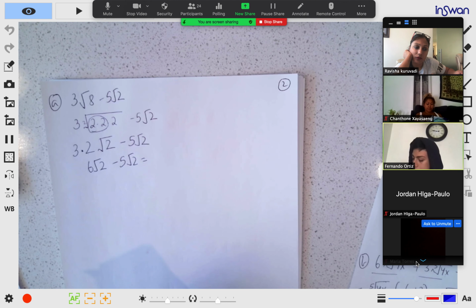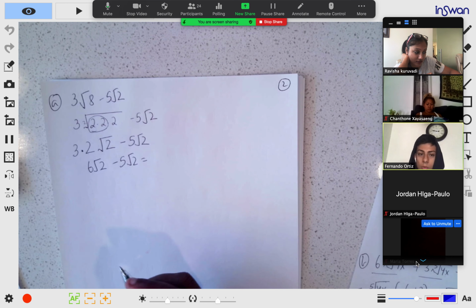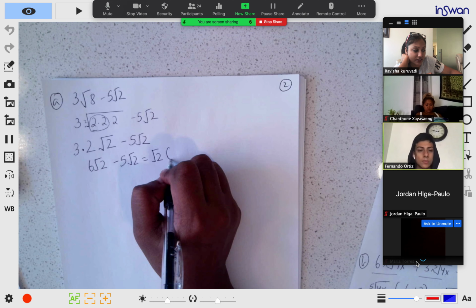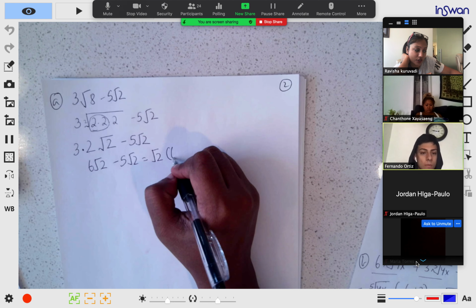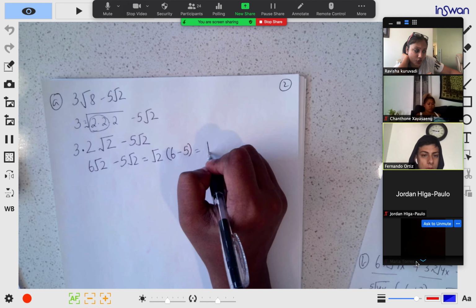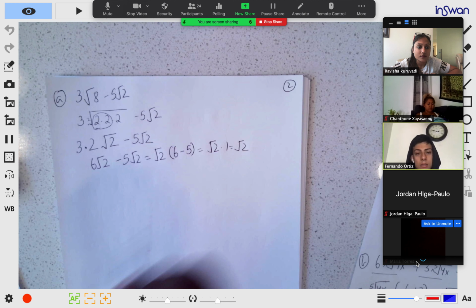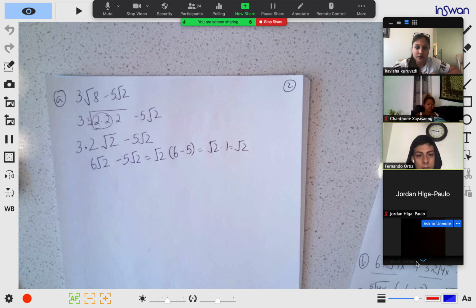Do you subtract 6 by 5? Yes, you take 1. So 1 square root 2. Yes, exactly. You take out root 2 outside, you get 6 minus 5, which is just root 2 times 1, which is root 2. If you can do it directly, you can do it that way also. Yeah, but that's how you simplify.